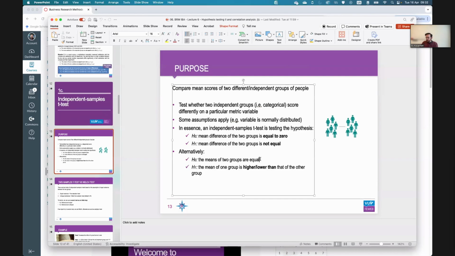So here, if we are talking about equal, then the alternative is not equal. And if we have higher, then this should be lower than or equal to.